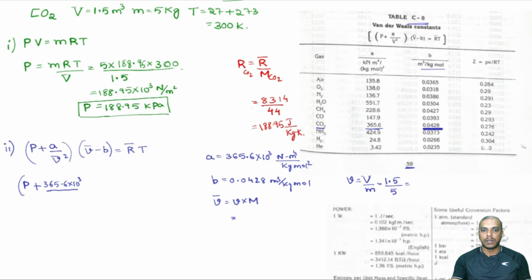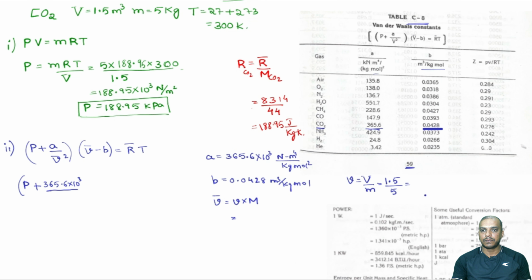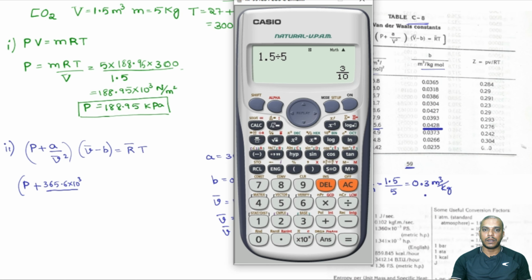So, 1.5 by 5 gives 0.3. So, specific volume is 0.3 meter cube per kg, and molecular weight is 44. So, the value of V bar we can find out.